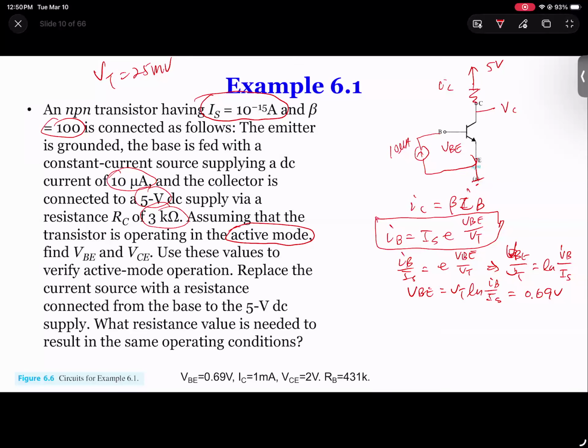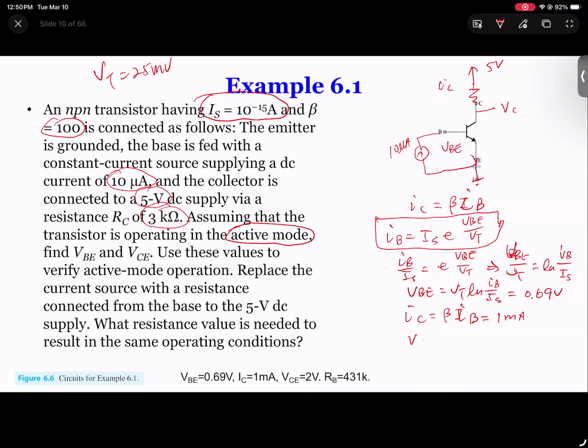So once we find VBE, we can find current IC. And once we find IB, because IC is beta times IB, IB is 10 micro times 100. So that gives you really just 1 milliamp.